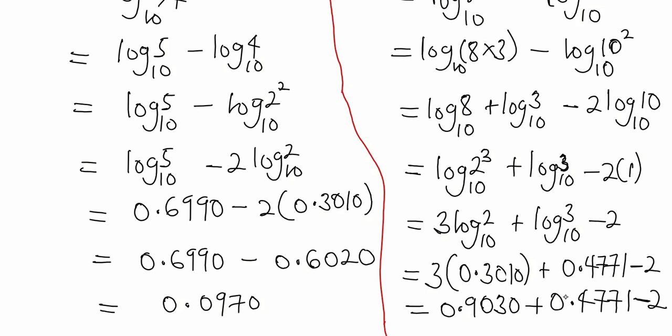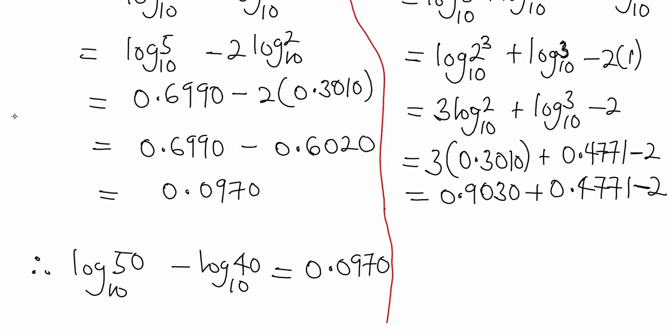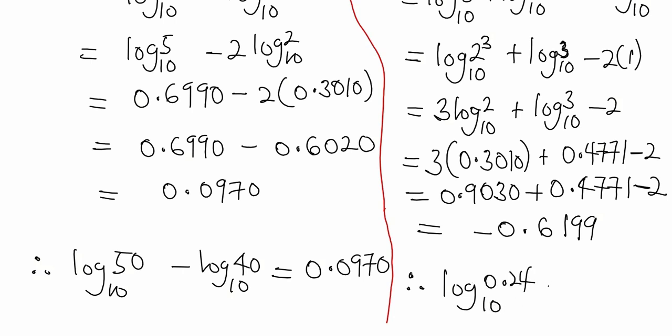So now when we sum all these three values, our final answer should be negative 0.6199. Therefore, you can see that the logarithm of 0.24 base 10 is equal to negative 0.6199. So this becomes the solution to this question.